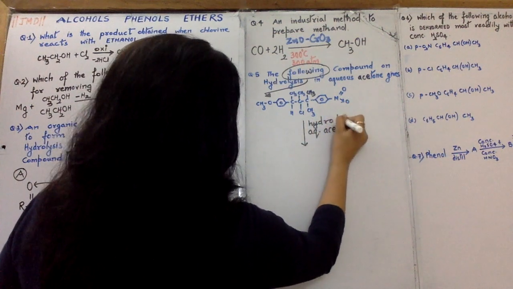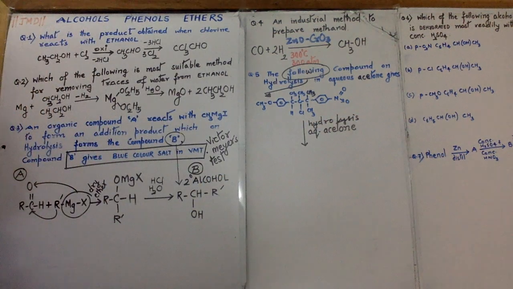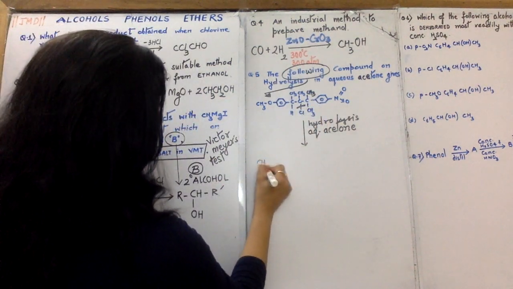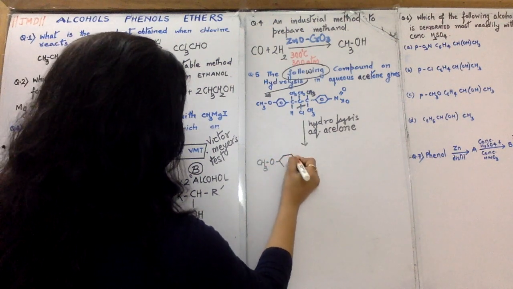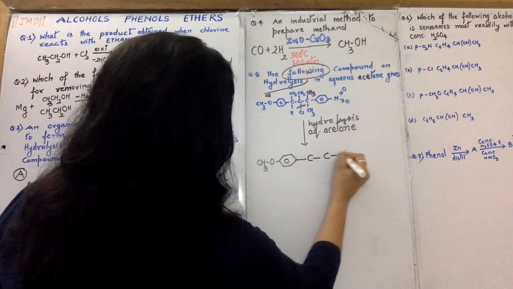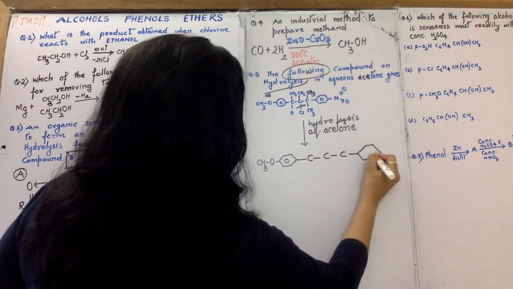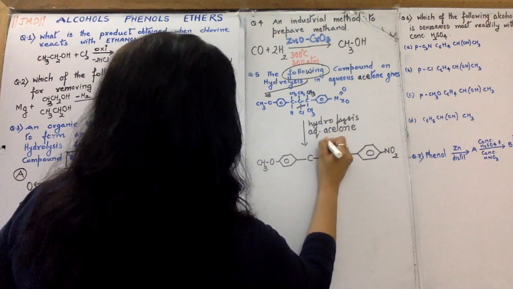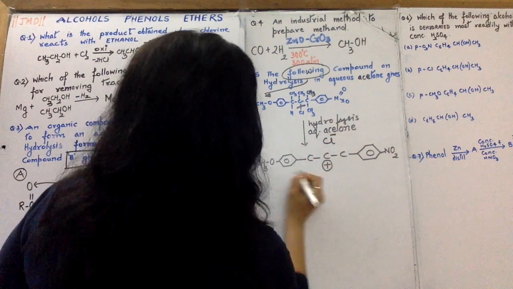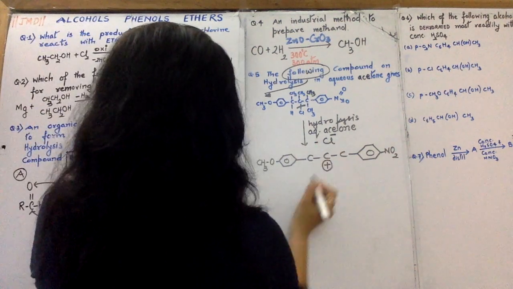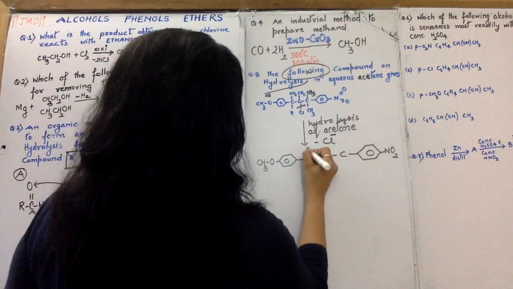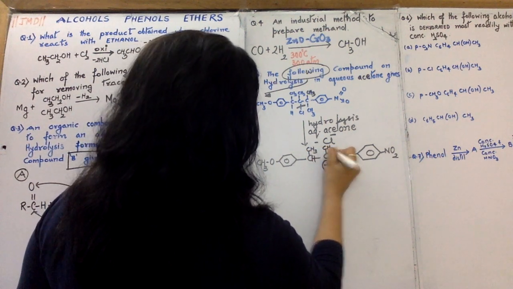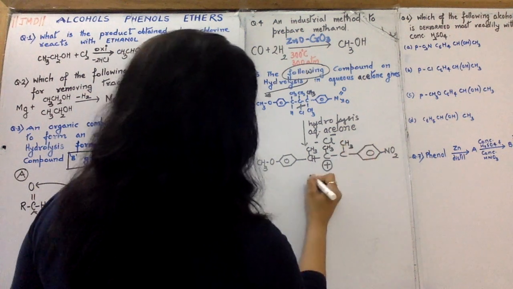On hydrolysis, obviously the functional group will break. So the first step is we get a positive charge here because Cl- is broken, with a CH3 here, a H here, a CH3 here, a CH3 here.